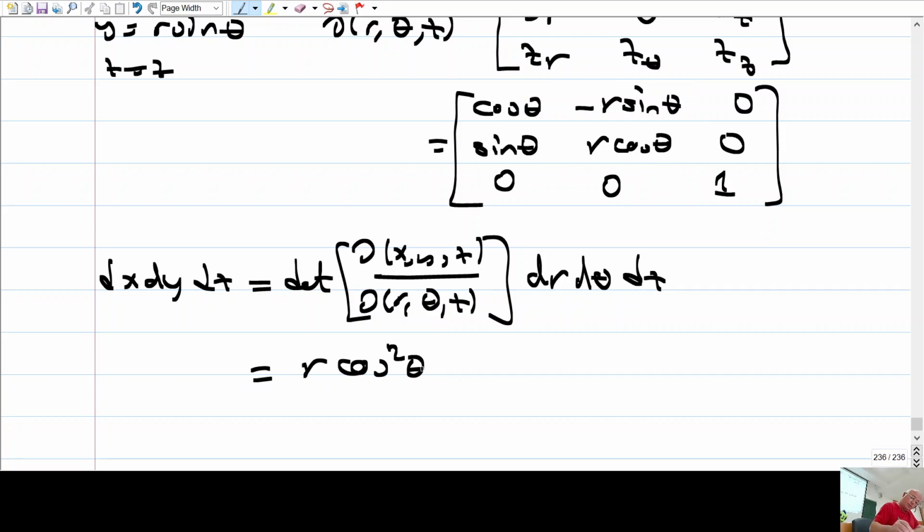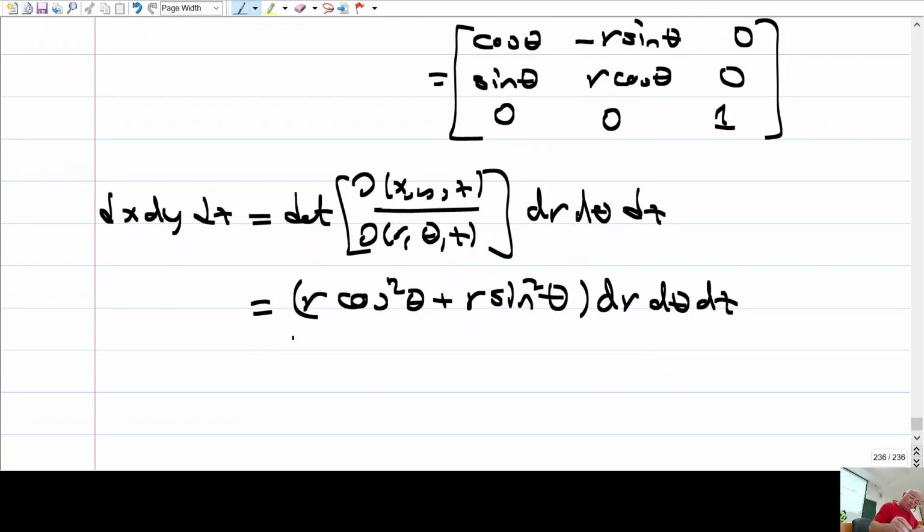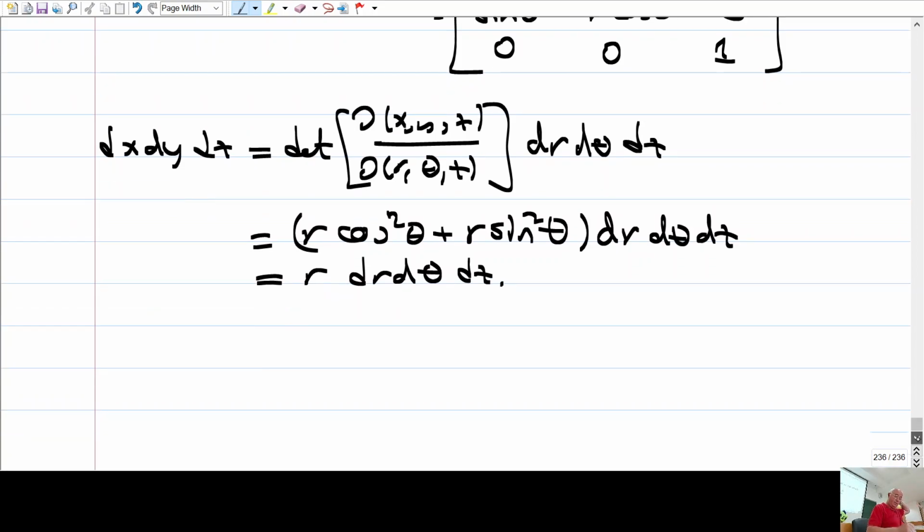R cosine squared theta plus R sine squared theta, dr d theta dz. So this is just r times dr d theta dz. Okay.